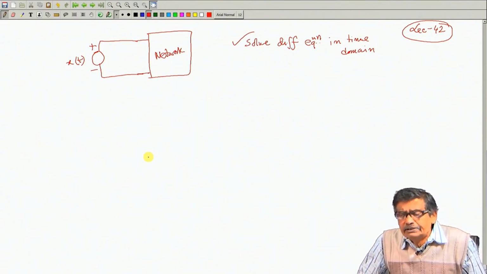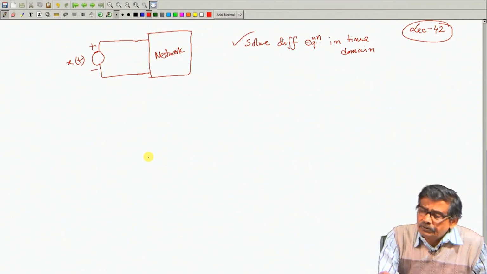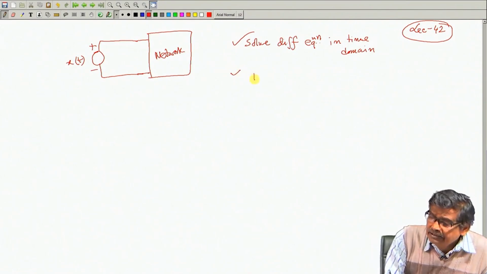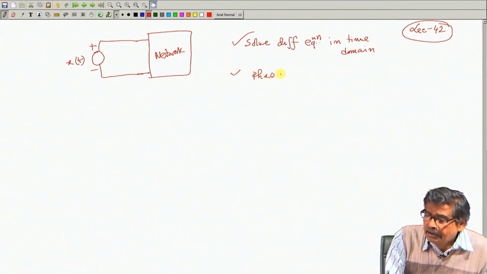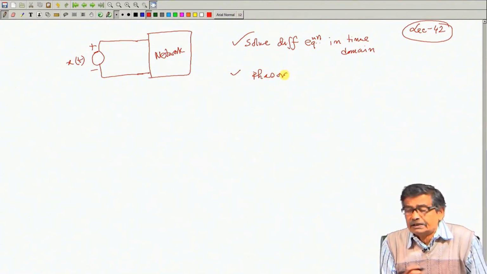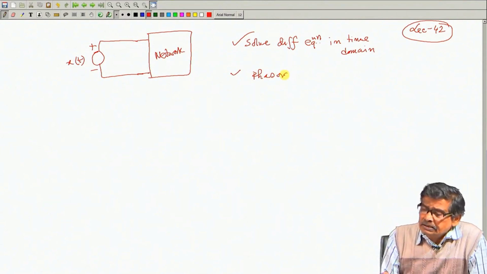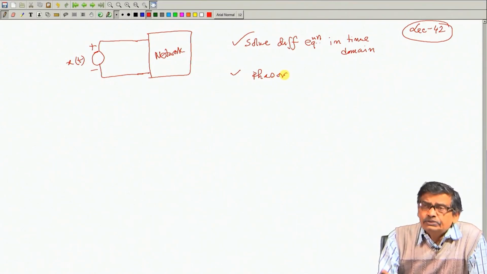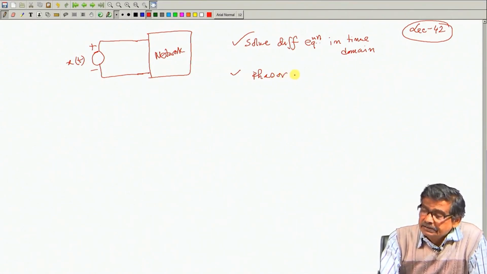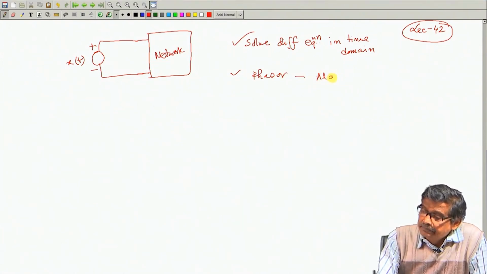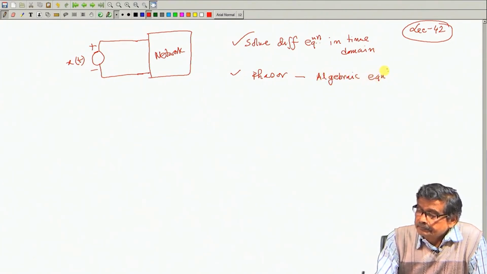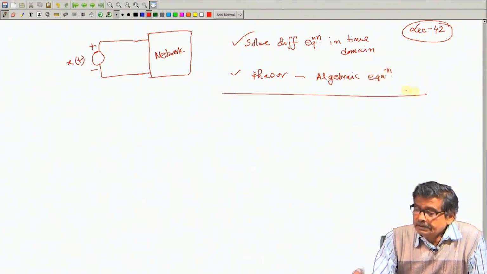To find the steady state solutions, we said that the phasor method can be applied, with phasor notation, and there you do not solve a differential equation, you get an algebraic equation. This is what we did.